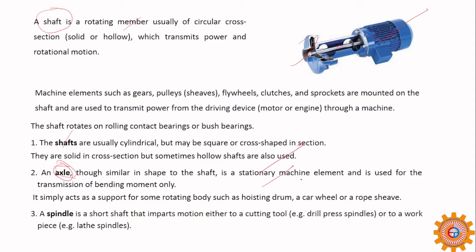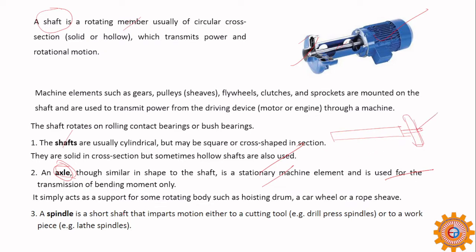An axle is like this one, in which the tire of a vehicle rotates. That is why it is also considered to be a shaft, but it is called an axle.